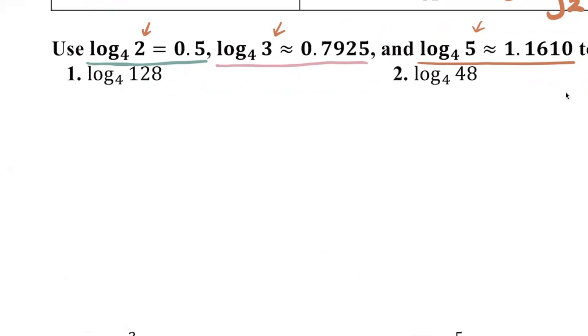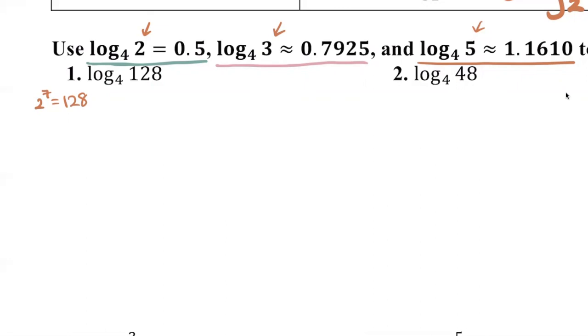So let's see how we can use 2 to get to 128. If I use 2 and multiply it with itself again and again, I would find that 2 to the 7th power is actually 128, right? I would just keep multiplying until I got 128. So it turns out that 2 to the 7th is equal to 128.